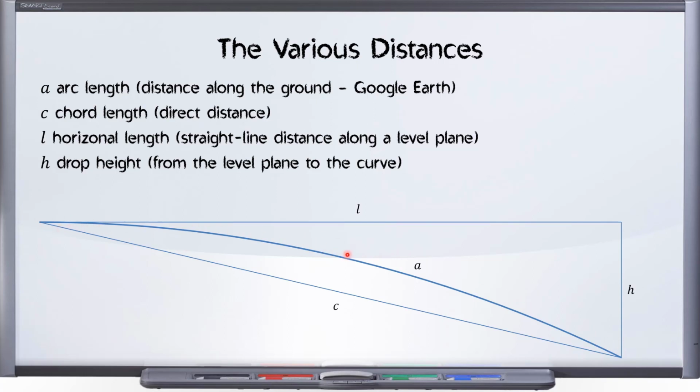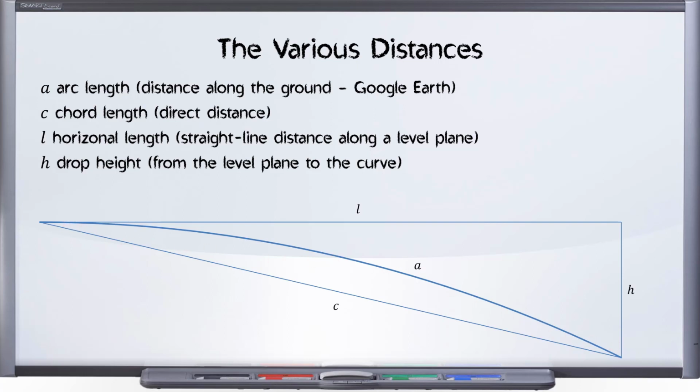The curved distance along the ground is a particularly useful one because if you actually were to drive the distance, for example, and measure it with the odometer in a car, what you would be measuring is, of course, the arc length.